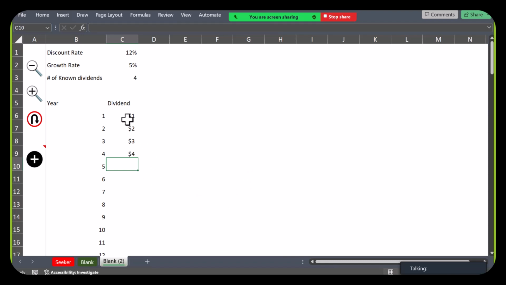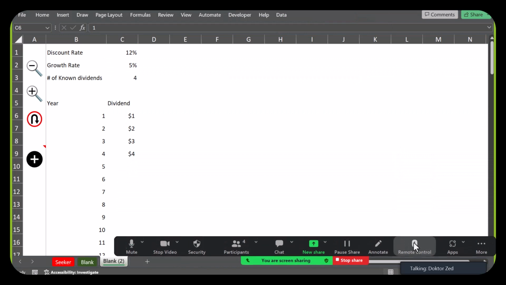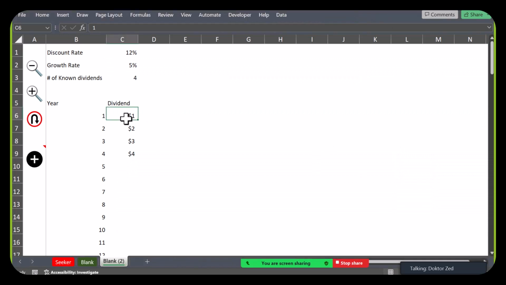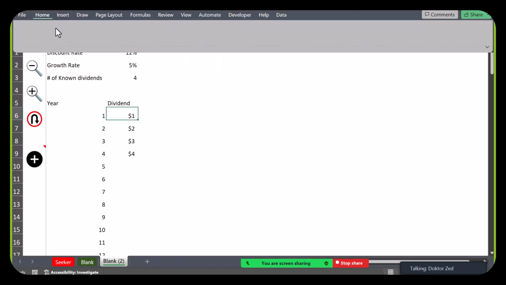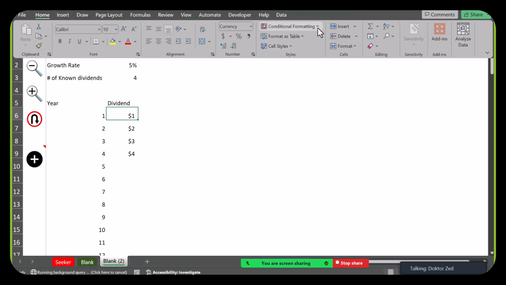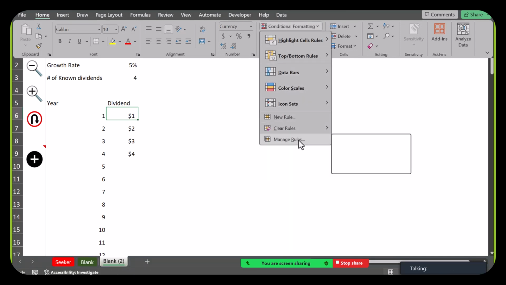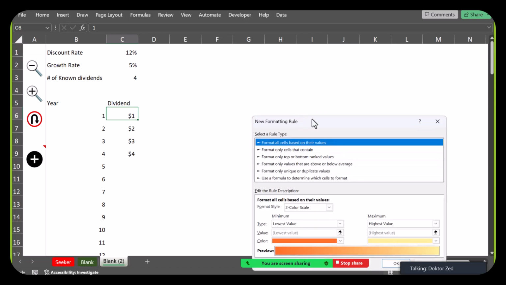Okay. I'm going to do some sort of formatting to let me know which ones are known. Let's do the following. Let me move this down here. Under Home, Conditional Formatting, I'm going to say New Rule, okay?